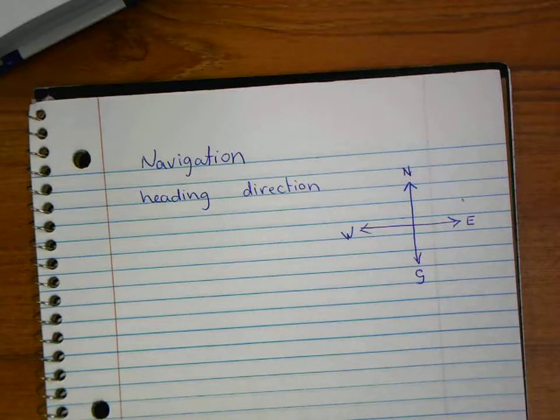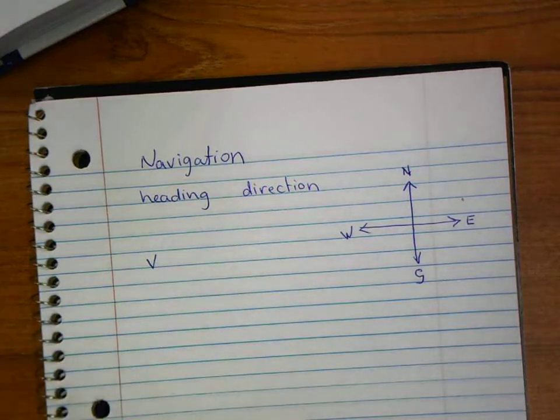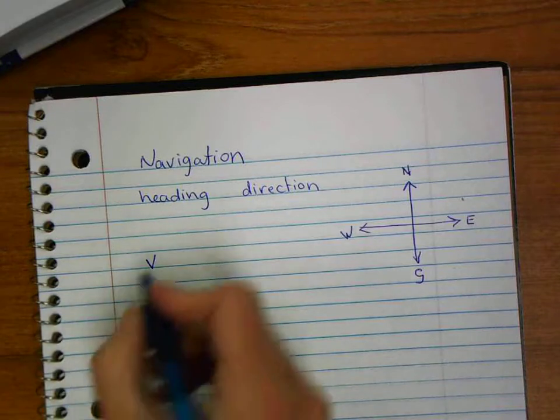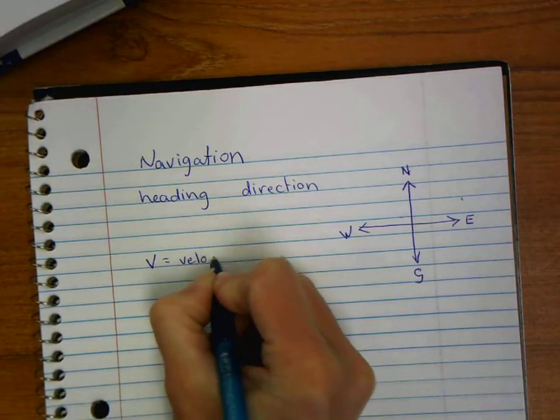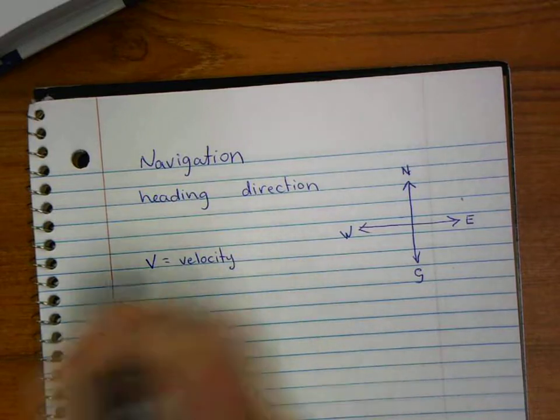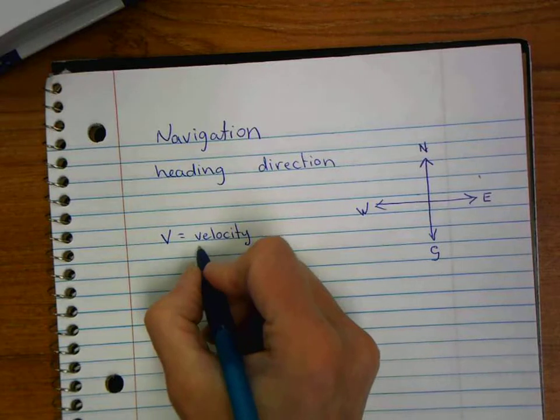So if we have a vector v, vector v we're going to say is our velocity vector for our airplane. And vector v has a magnitude, which will be its airspeed.